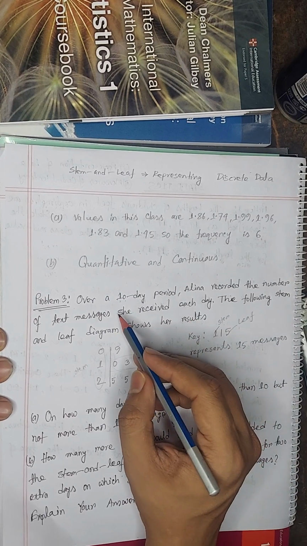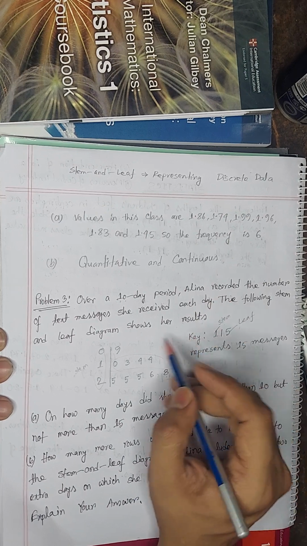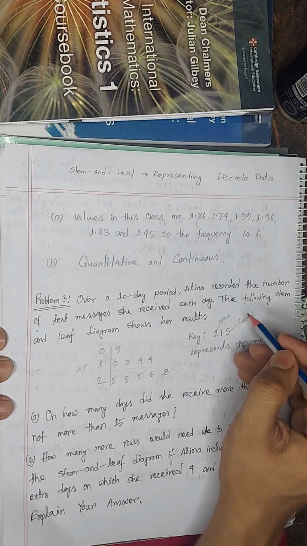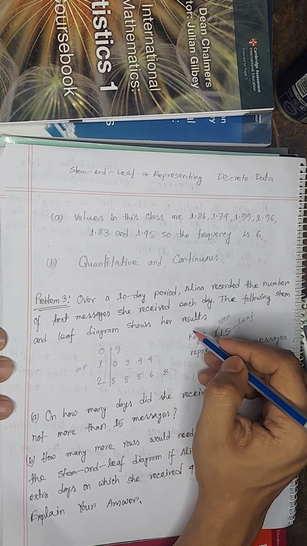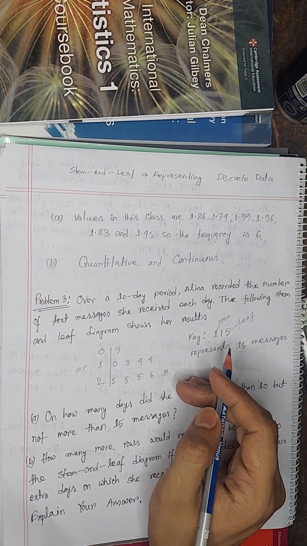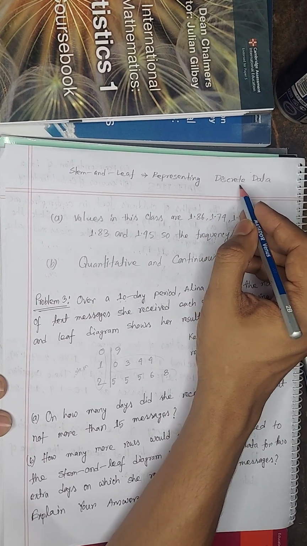Here, over a 10-day period, Elena recorded the number of text messages she received each day. The following stem and leaf diagram shows her results. This is a stem and leaf problem. What is stem and leaf? It is a way of representing discrete data.